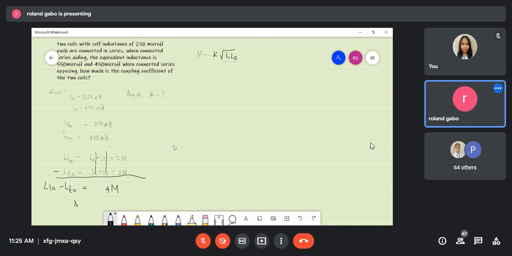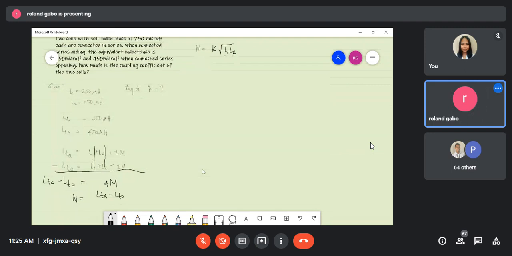Therefore, M can be solved by this formula: L aiding minus L opposing divided by 4. Okay?